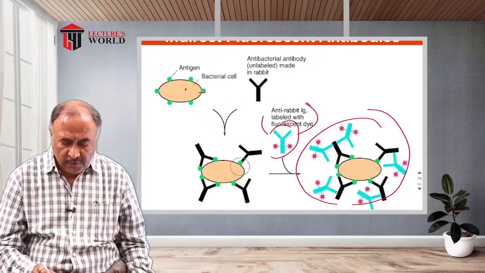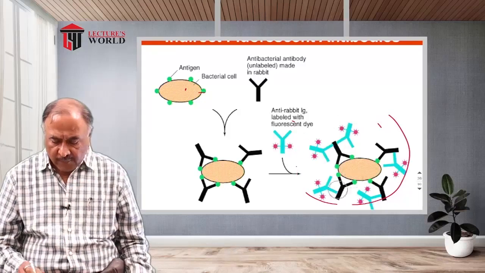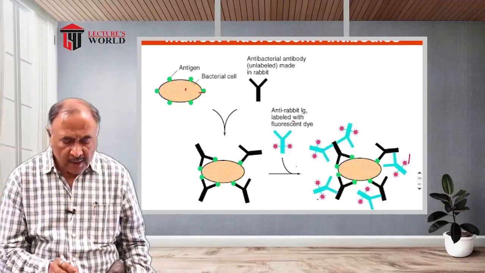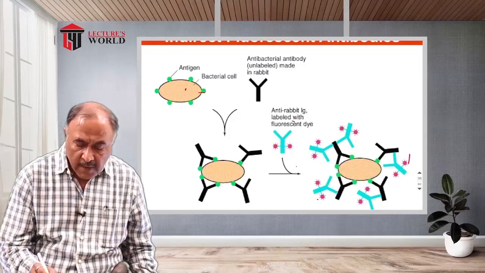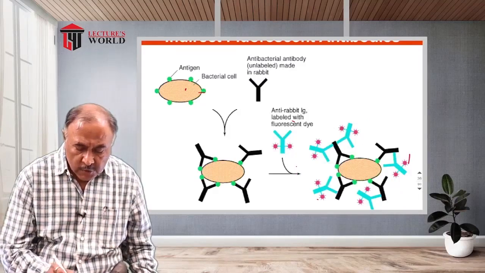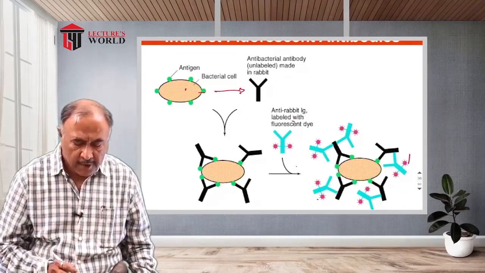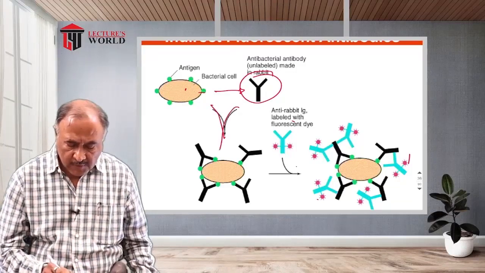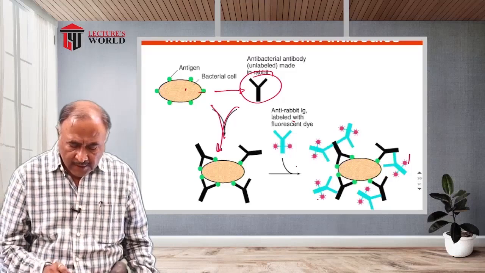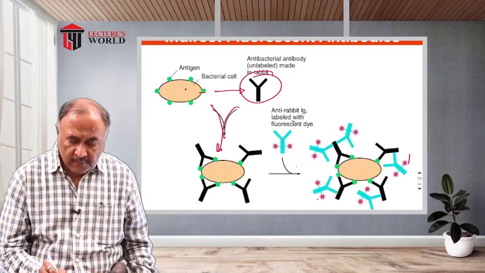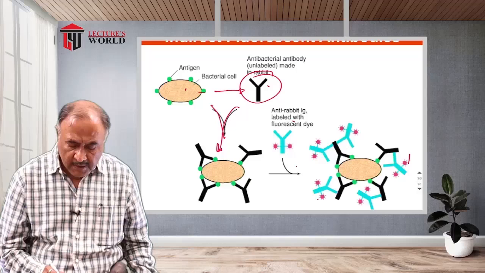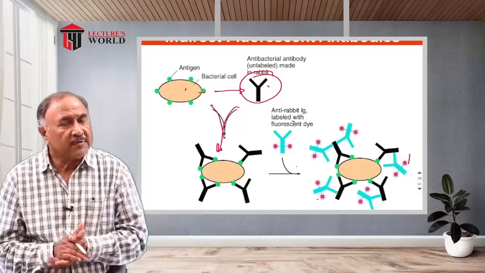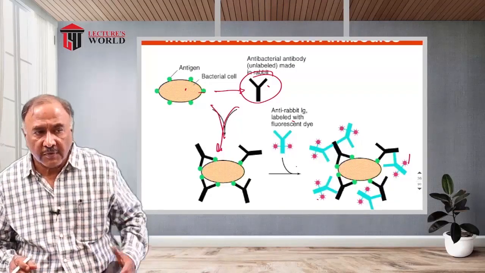These antigens would first bind here to a respective antibody. This is the one. Once they are bound like this, as you can see in this diagram, this is the primary antibody. Now, this primary antibody is not tagged at all. It does not have any fluorescent dye tagged with it.